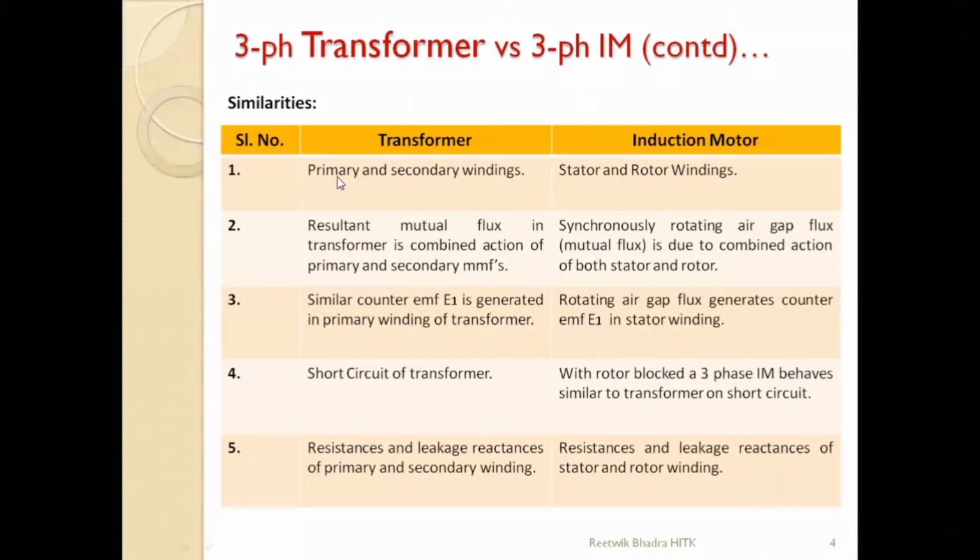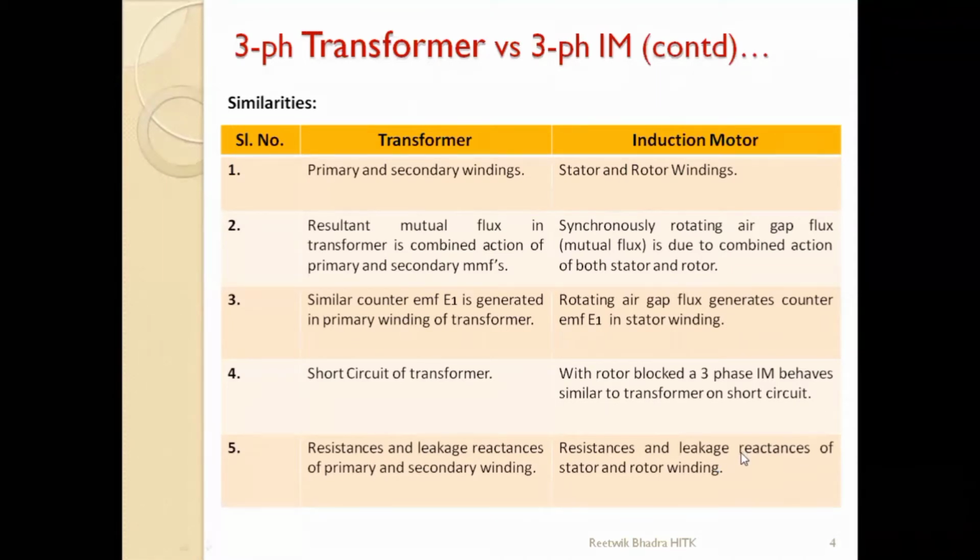If you look at the first point, primary and secondary windings, and in the induction motor also stator and rotor windings. I'll skip the 2, 3, 4 because I've said the fifth point. Resistance and leakage reactances are there in the primary and secondary winding. That R1 and X1, you have studied the equation: V1 is equal to minus E1 plus I1 into (R1 plus jX1), as in a transformer.